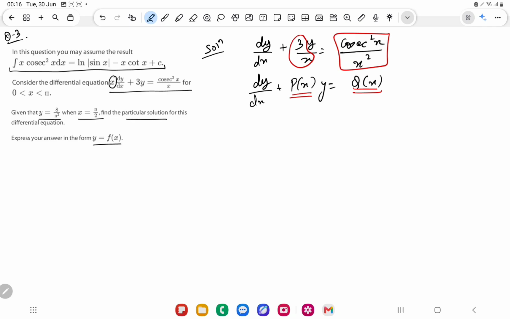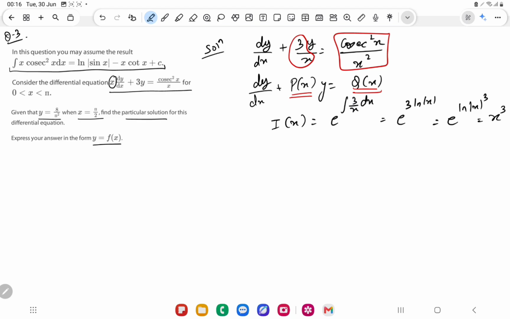Now it means I have to use the integrating factor method. So my integrating factor will be e to the power integral of P of x dx. This I can write as e to the power 3 ln mod x. With further simplification, it is nothing but x cube.